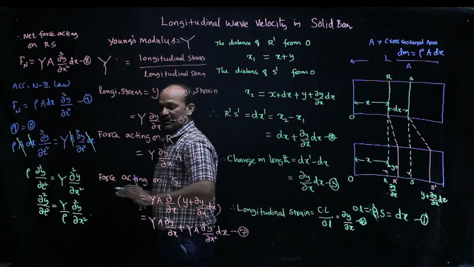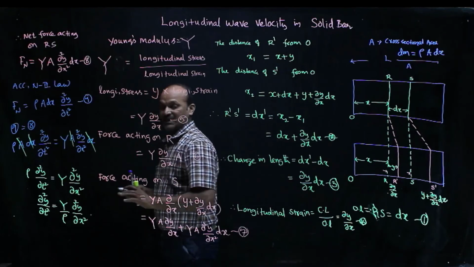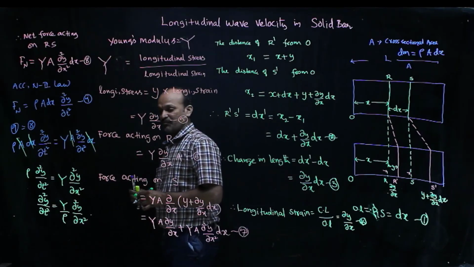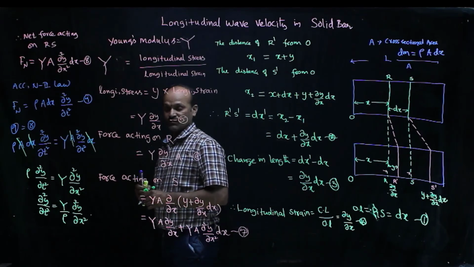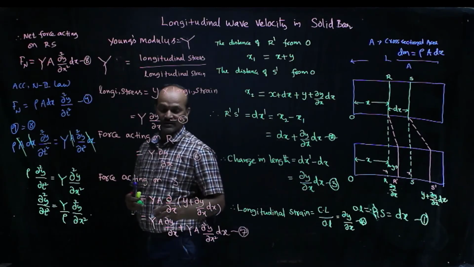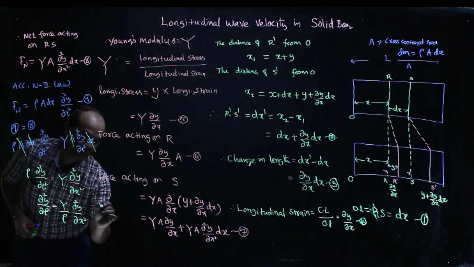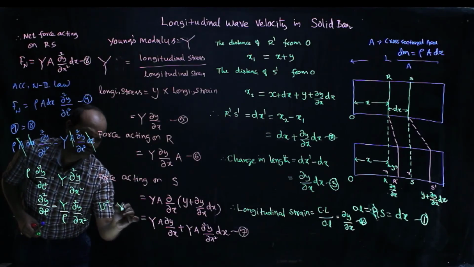Now we'll compare this equation with the general plane wave equation. ∂²y/∂t² is equal to v² into ∂²y/∂x². If you compare it, then the velocity will become root of Y by rho.